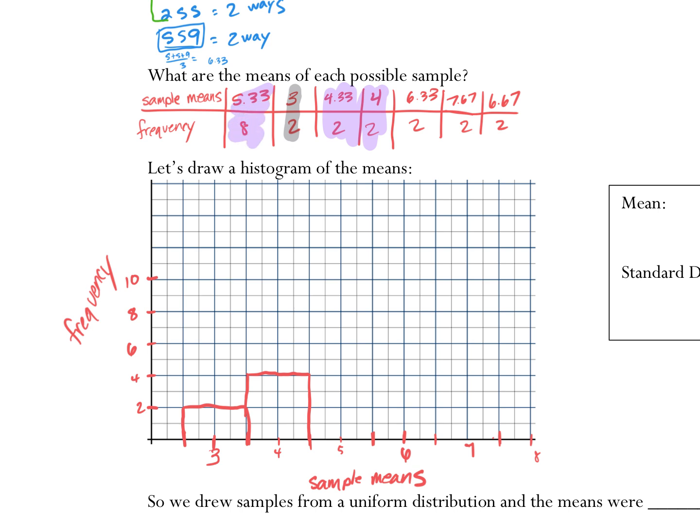That's this one? Are we good? 5.5 and 6.5? 4. 4? 6.5 and 7.5, technically 0, and then 2, because it's 7.67, yeah?